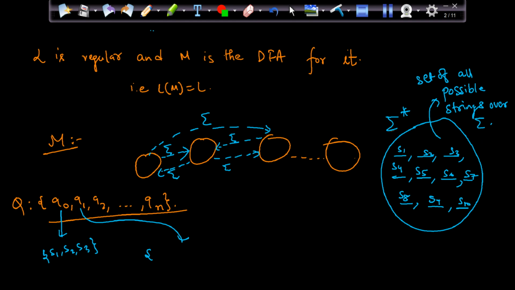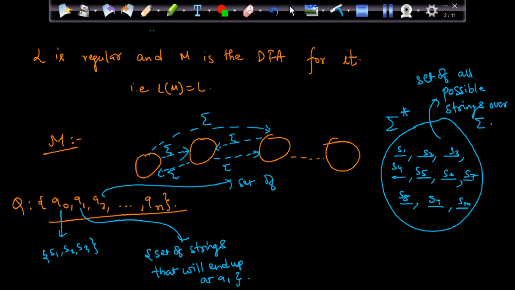So Q0 represents the set of strings that will end up at Q0, Q1 represents the set of strings that will end up at Q1, and similarly Q2 represents the set of strings that will end up at Q2.